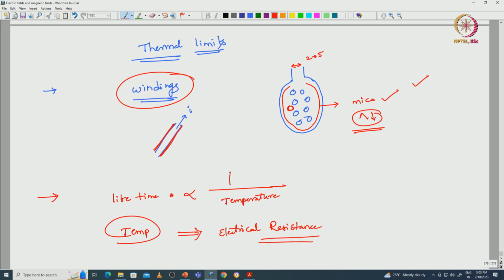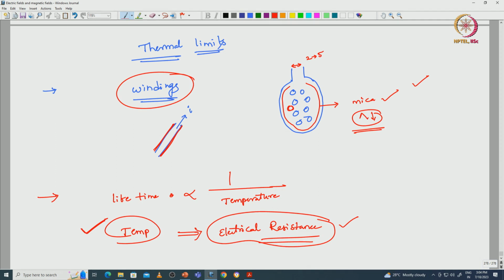By measuring the electrical resistance, we can find the temperature rise of the windings, but skin effects and proximity effects also have to be considered, then the measured electrical resistance will give the exact temperature rise of the windings. And the type of cooling we have to adopt is based upon the NEMA standards and IEEE standards.